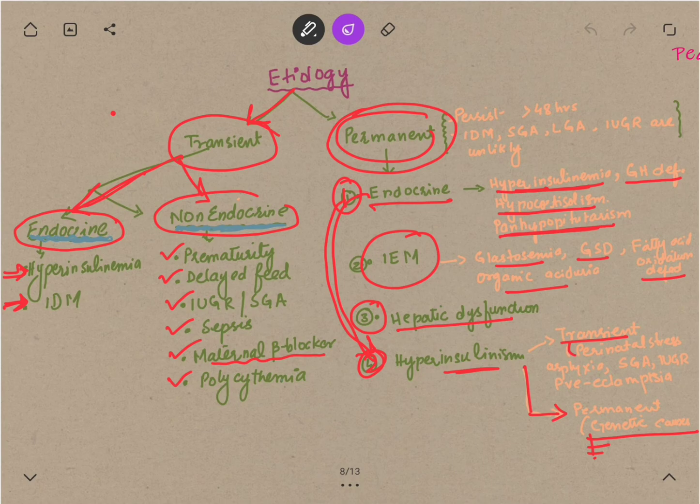So now we are clear that we have a set of causes to choose from. Either it's transient or it's permanent. In transient, either it's endocrine or non-endocrine. Permanent, it's endocrine or non-endocrine. Now we have a list of causes and we are quite confident to pick up hypoglycemia.